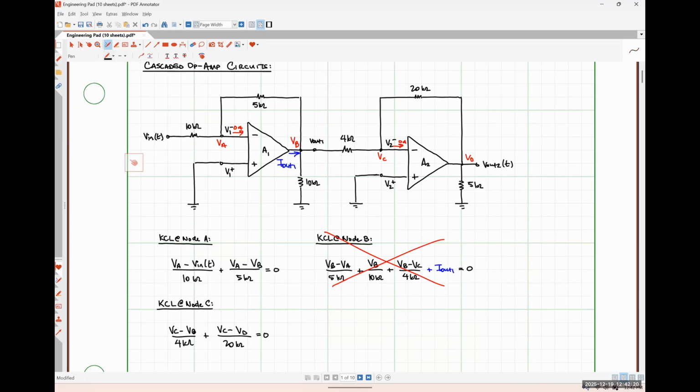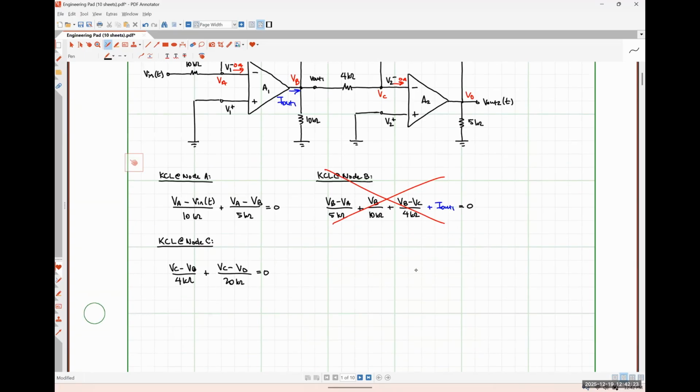Using op amp rule number 2, we can see very easily that V1 plus, which is the same thing as V1 minus, which happens to also be the voltage at node A, is 0 volts. And very similarly, V2 plus, which is the same thing as V2 minus, or the nodal voltage VC, is also 0 volts. So I can go back through here, and everywhere I see VA, I can just replace it with 0 volts. And everywhere I see VC, I can replace it with 0 volts as well.